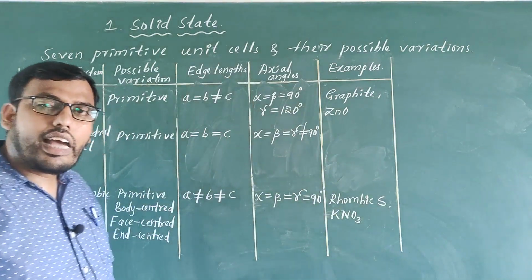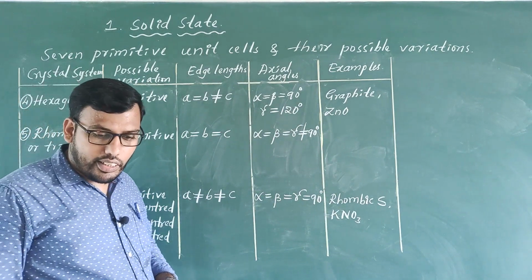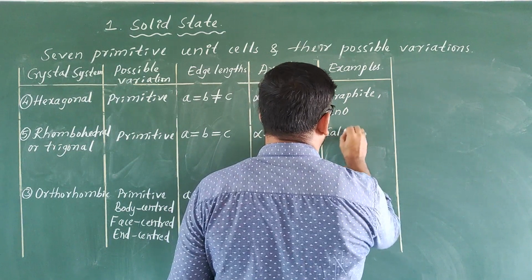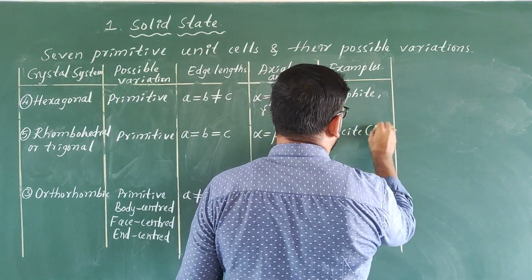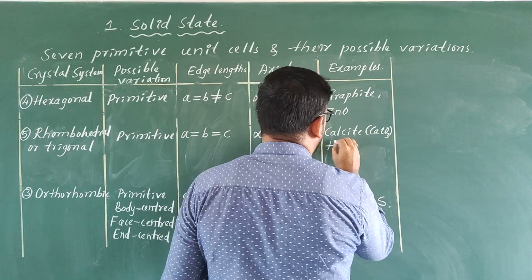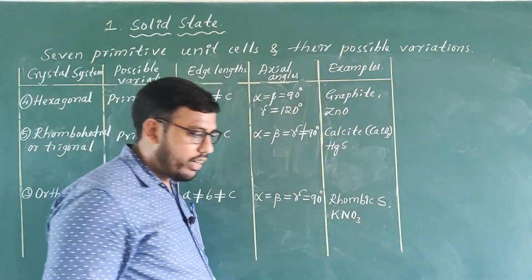So the axial angles are equal, but they are not equal to 90 degrees. The example is calcite. Calcite crystal means calcium carbonate, CaCO3. Mercuric sulfide, HgS, is one more example.